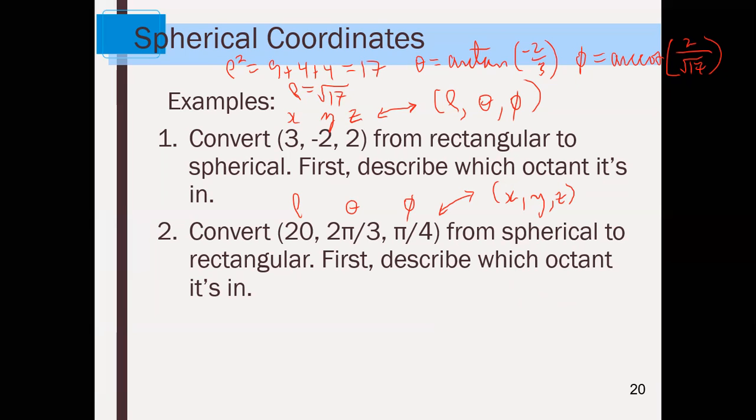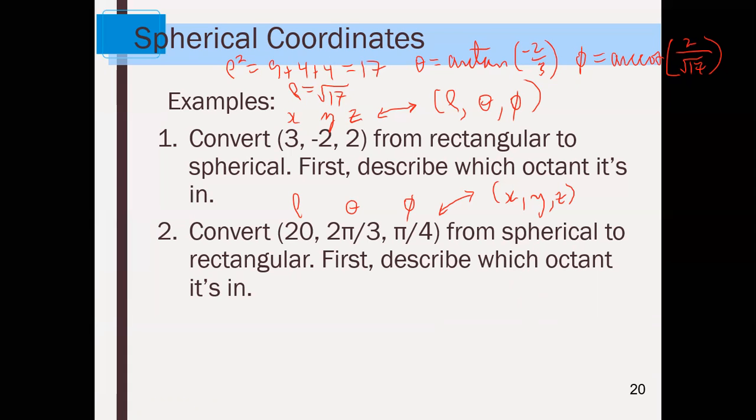Because phi equal to 90 degrees would be on the xy plane, but we're above it. Rho is 20, and theta is 2 pi over 3, so it doesn't quite reach 180 degrees. It only goes 2/3 of the way, which puts us in the place where x is negative and y is positive, correct? So we're in the second octant, yes.